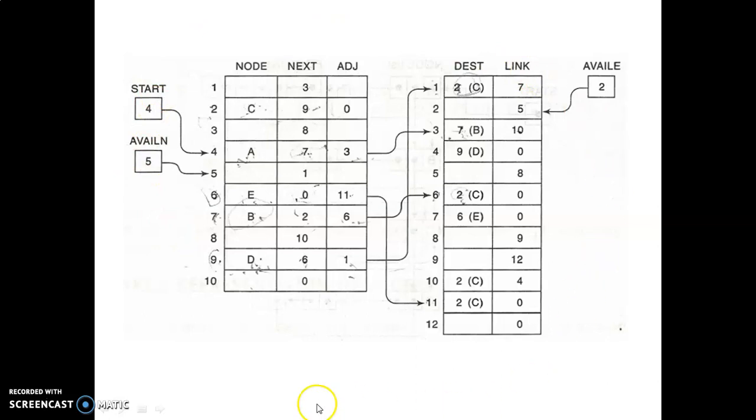This is a simple example where the graph can be represented with the help of a node, next, adjacent list, and destination and link list. The start and avail will tell you which is the starting vertex and how many free memory locations are available, considering the avail list.